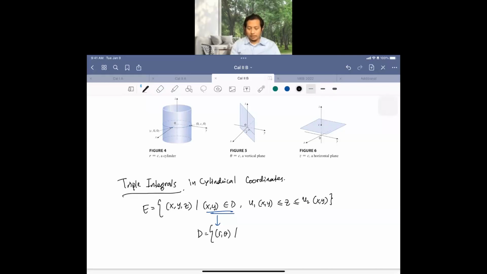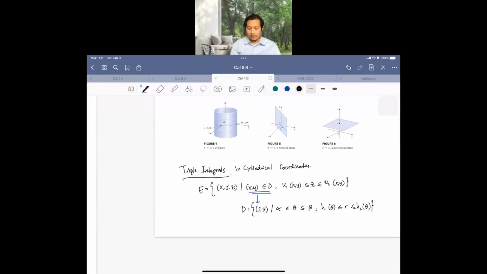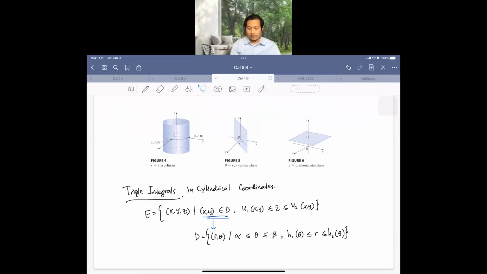Let's say theta is from alpha to beta, and r will be given by polar equations. Let me copy all this and move to the next page.